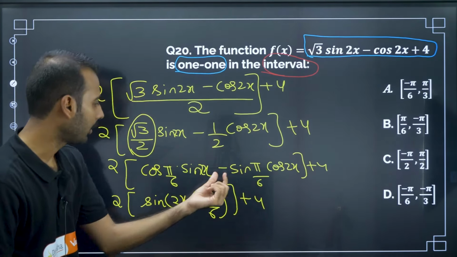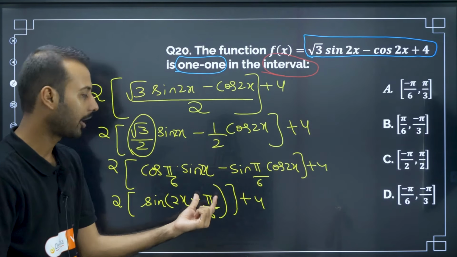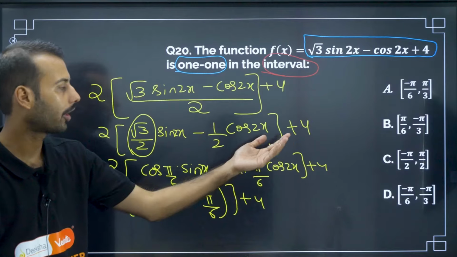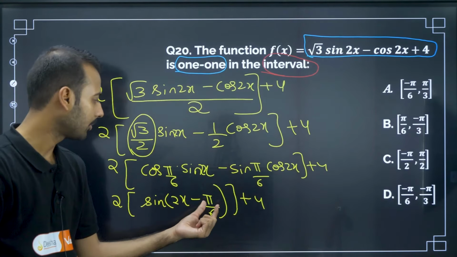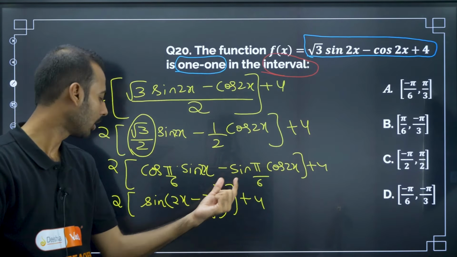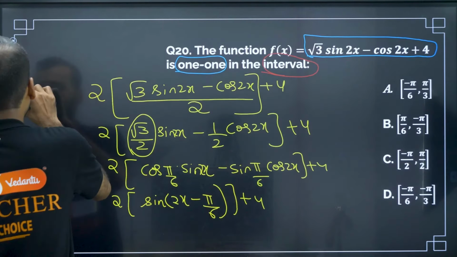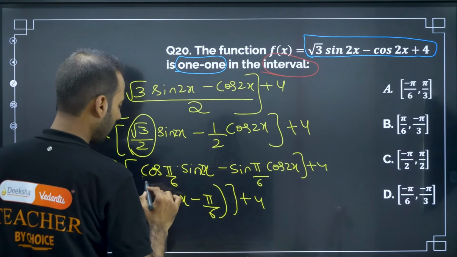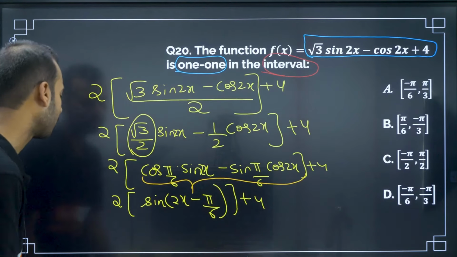Sin A cos B minus cos A sin B: try to recall this synopsis point. Sin of A minus B is equal to sin A cos B minus cos A sin B. So whenever it is sin A cos B minus cos A sin B, that can be written as sin of A minus B. So this entire expression I have transformed like this, with plus 4 as it is.